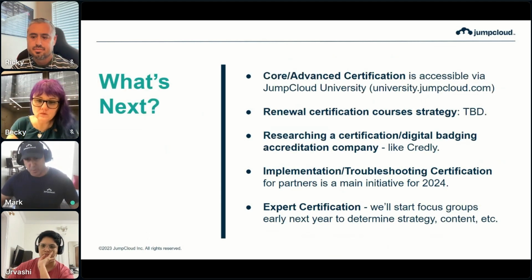In 2024, we're looking at an implementation and troubleshooting certification for our partners. And for our expert certifications, we are going to start some focus groups early next year to determine that strategy and the content around it.